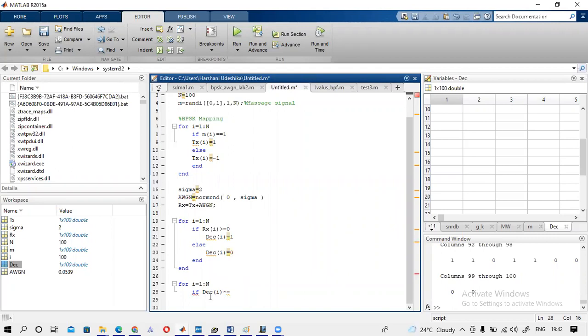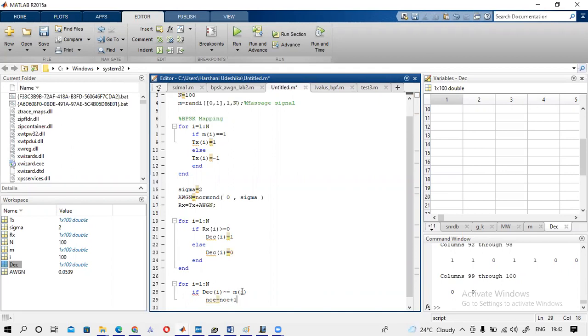So if my decoded symbol is not equal to my message signal, we have to increase the number of errors by 1.